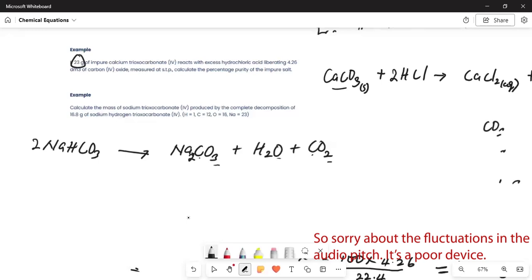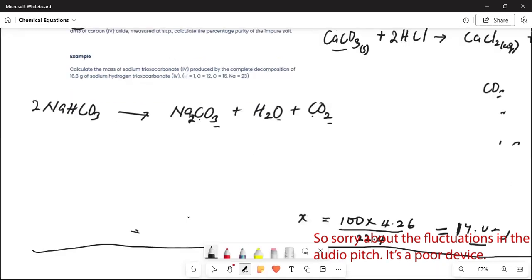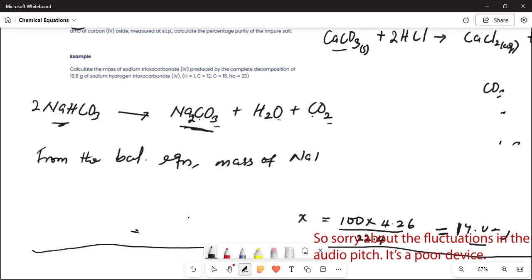Now the question says we should calculate the mass of sodium carbonate produced, that is this one here, by the complete decomposition of 16.8 gram of sodium hydrogen carbonate. Okay, so the question borders on this and this. So from the balanced equation, mass of sodium hydrogen carbonate is equal to sodium is 23, hydrogen is 1, carbon is 12, oxygen is 16, then times 3, which is 23 plus 1 plus 12 plus 48.